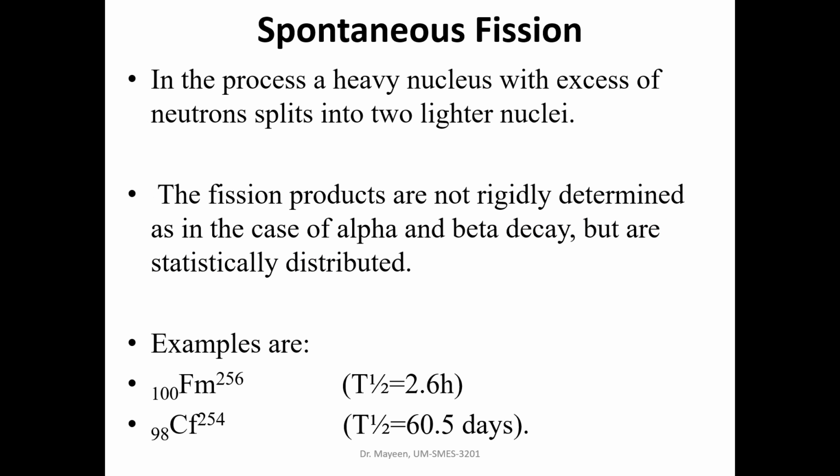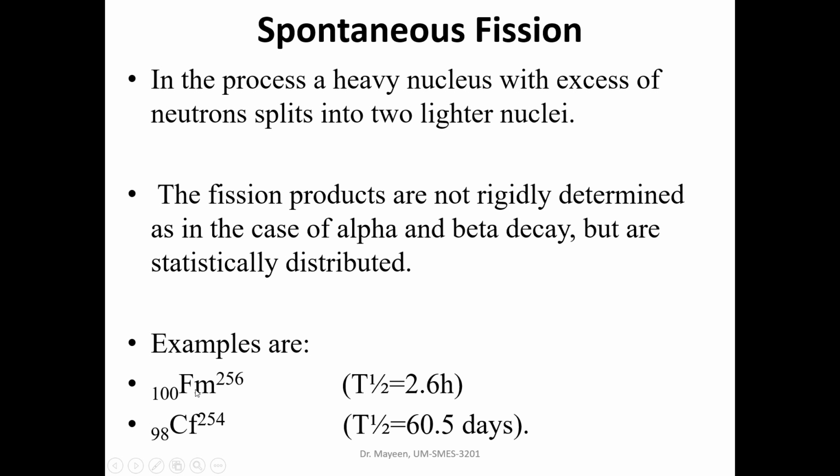We have a heavy unstable nucleus that undergoes disintegration without any bombardment from the outside, splitting into two lighter nuclei. The fission products are not rigidly determined as in alpha and beta decay, but are statistically distributed.